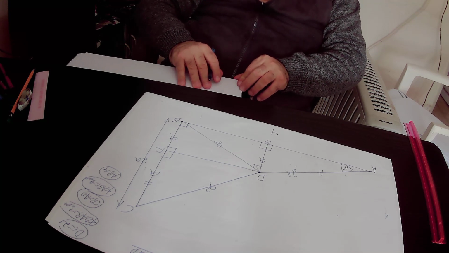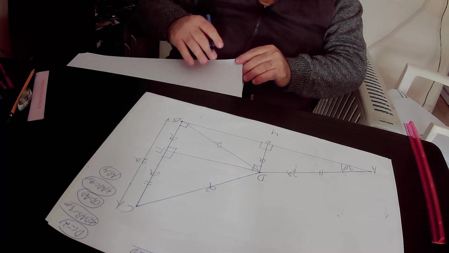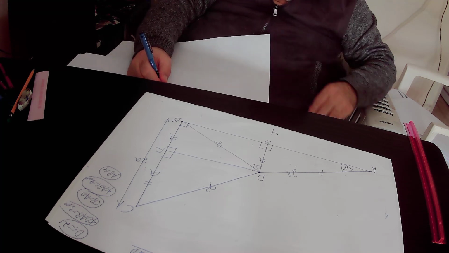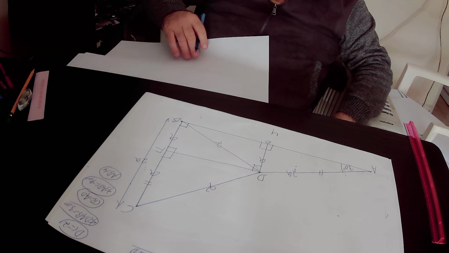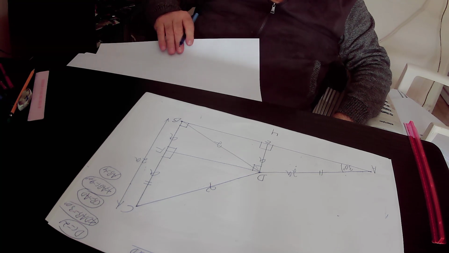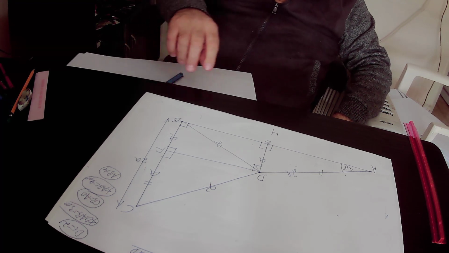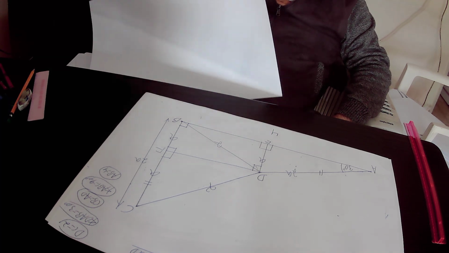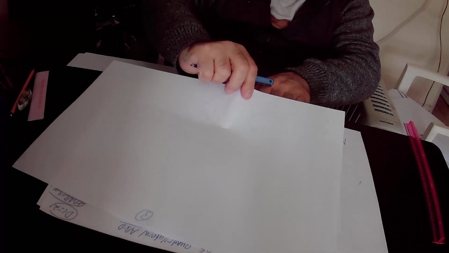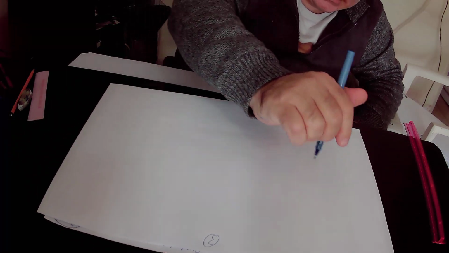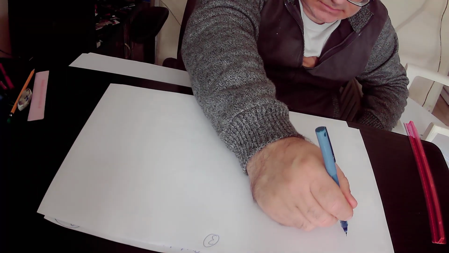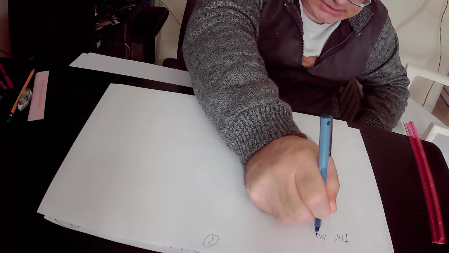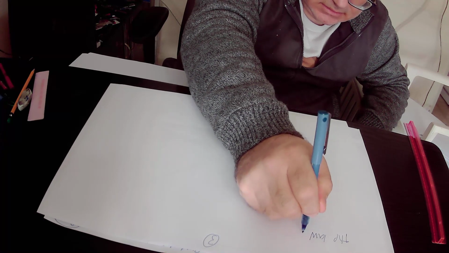In the next step, I will present to you a new law, the law of cosines, and we will implement the law of cosines in this triangle, triangle ADB. So, what is the law of cosines? The law of cosines is true in any triangle.